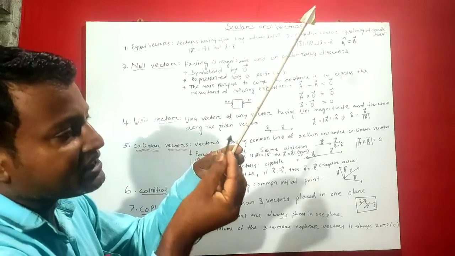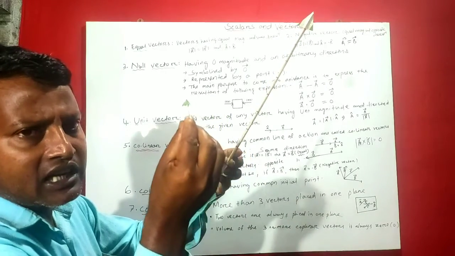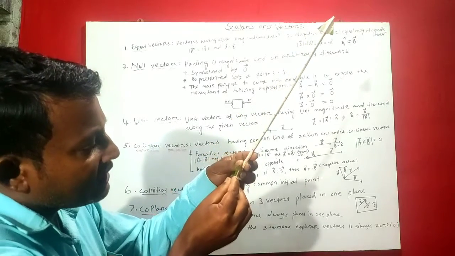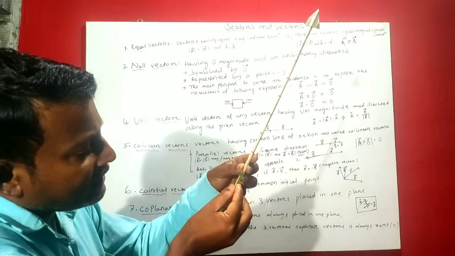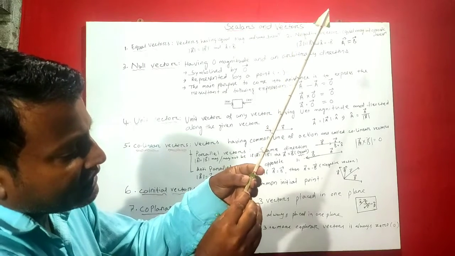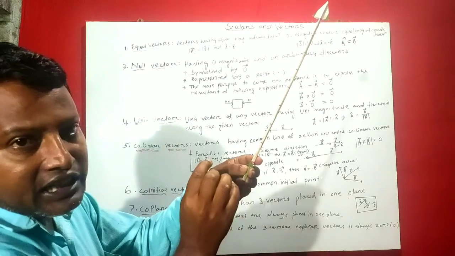If I place this vector having unit length along the line of vector A, then this little vector is called the unit vector.